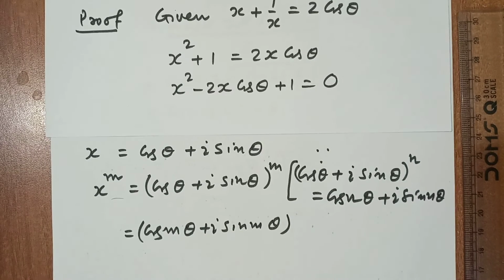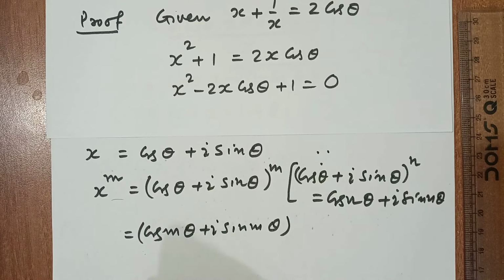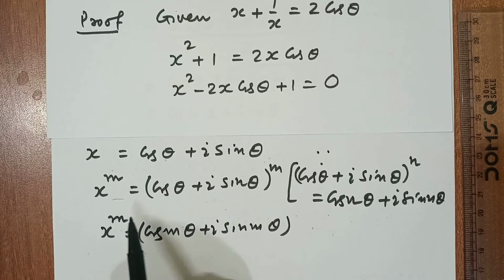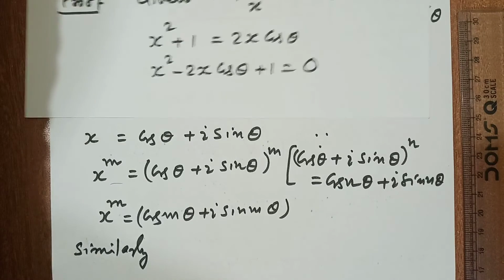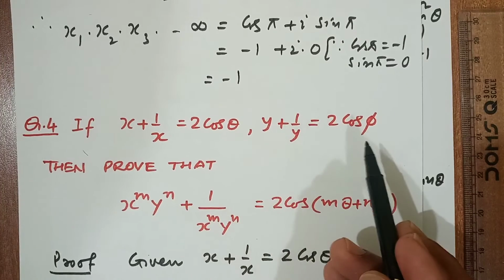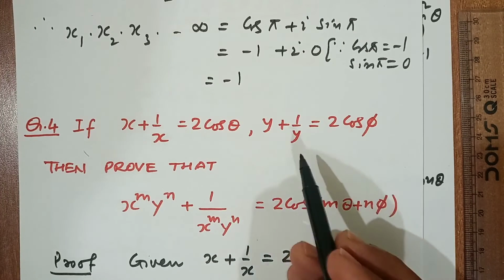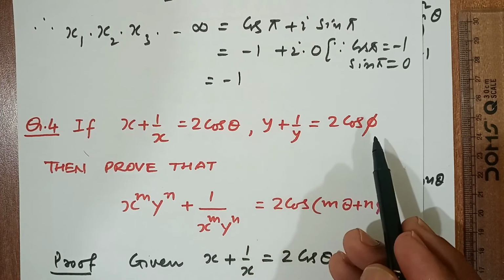And similarly, this is x to the power m. Similarly, y to the power n. What is y? y plus 1 upon y is equal to 2 cos phi. So similarly, y square plus 1 is equal to 2y cos phi.